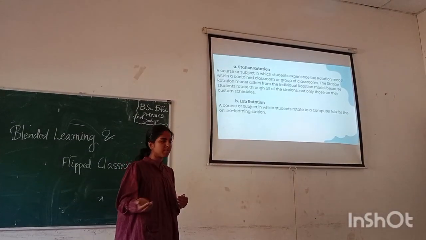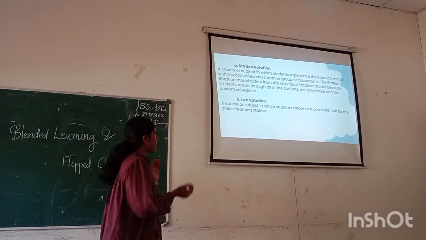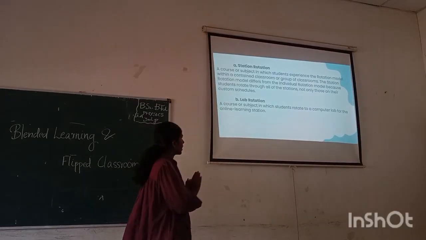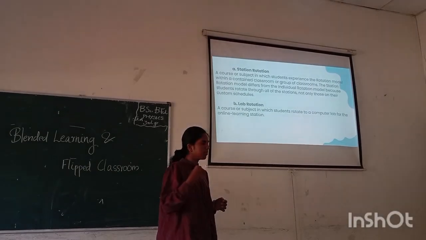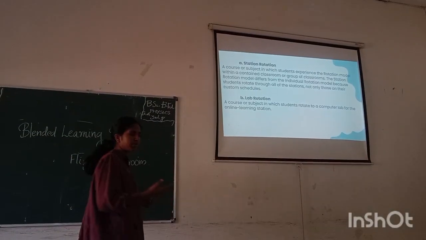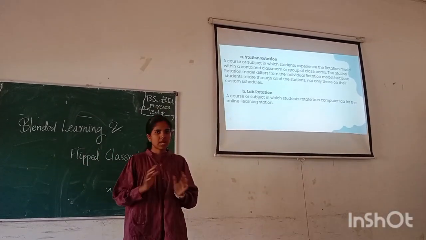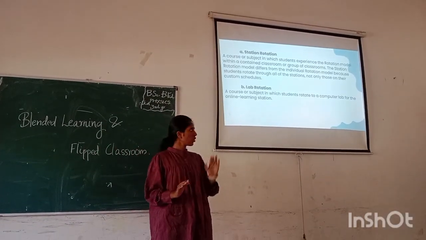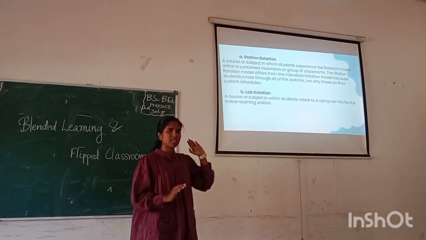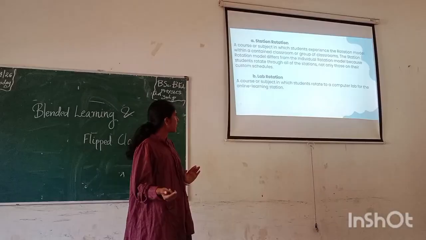Individual rotation is a little bit different from station rotation. In station rotation, students rotate between different stations, as I mentioned: group project, individual learning, within the classroom itself. There is not much difference between station rotation and individual rotation. I will explain that.